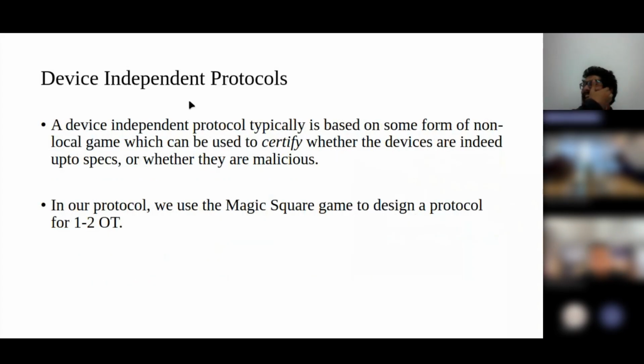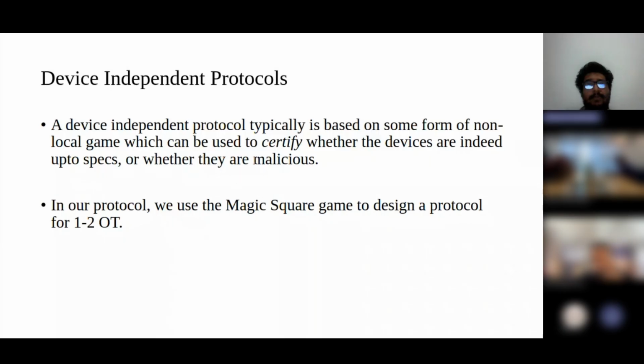It turns out that there is a magical way where you can actually certify quantum devices. And when I say device, I mean very precisely the following: the state being shared between the ports and the measurements themselves that the ports are enacting on the registers of that state. The way to do it is by playing some sort of a non-local game and checking whether you're winning the non-local game with a certain probability or not.